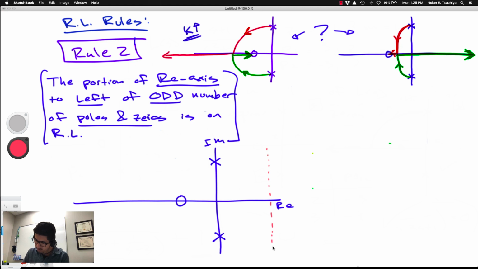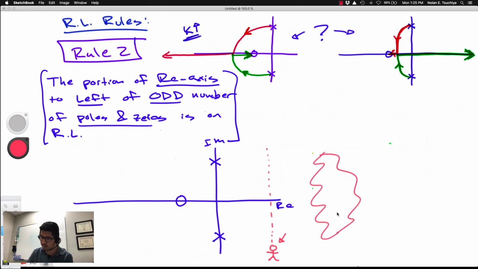Okay, and you pretend that you're standing right on that line looking down onto this plane of poles and zeros. And then you make the statement that right now, at this point right here, I am to the left of 0 poles and zeros, right? So in other words, there aren't any poles and zeros over here.